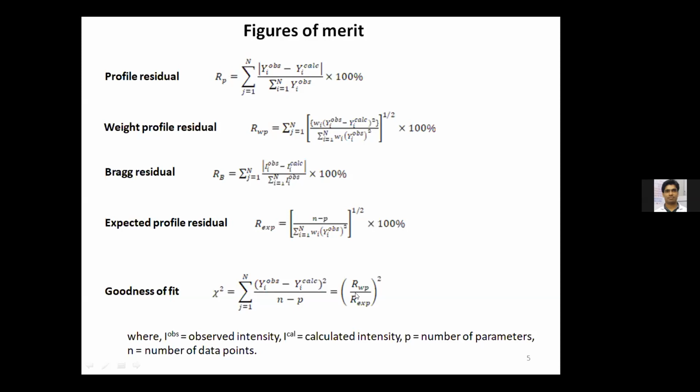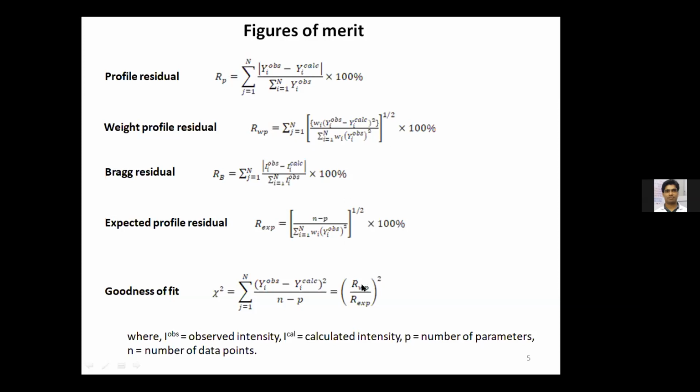Yes, it is 1, because it is the ratio between the residual weighted profile and the expected residual. The expected residual is a value calculated by your system. Before doing the refinement, the software can only calculate the expected profile residual, so we have to minimize the Rwp by successive simulation or iteration cycles.